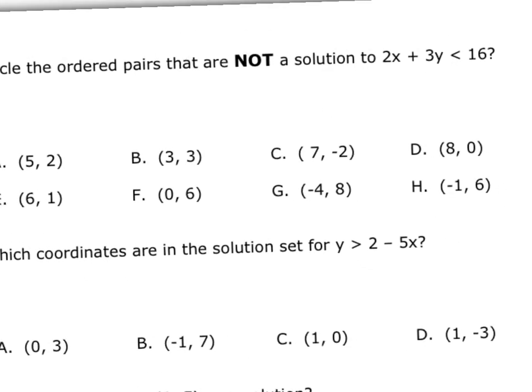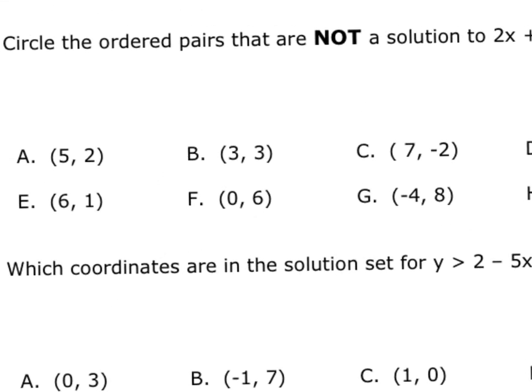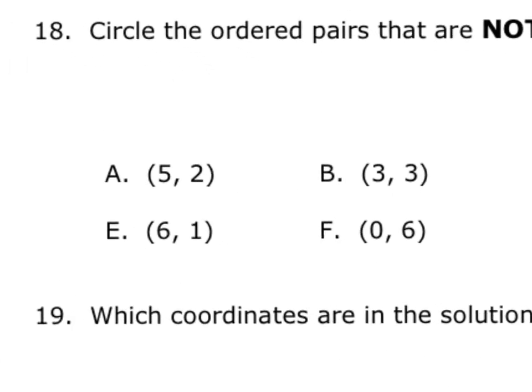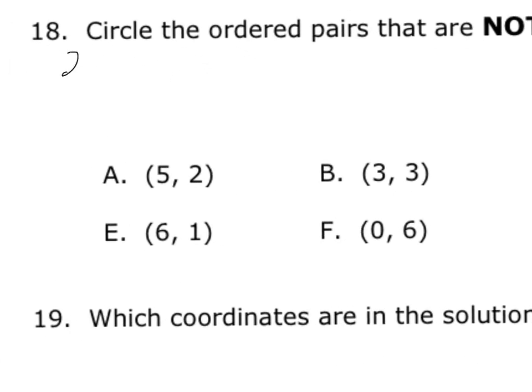All right, so I am going to rewrite that here. 2x plus 3y is less than 16. And I'm going to check each of these answers with them. So for A, we're going to substitute x and y in for the x and y in the inequality.